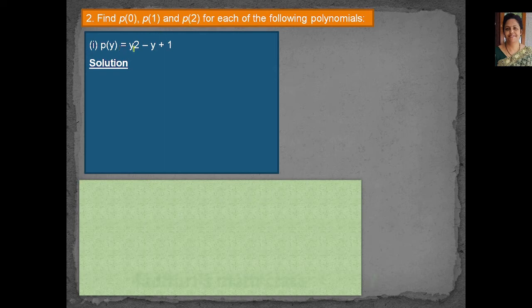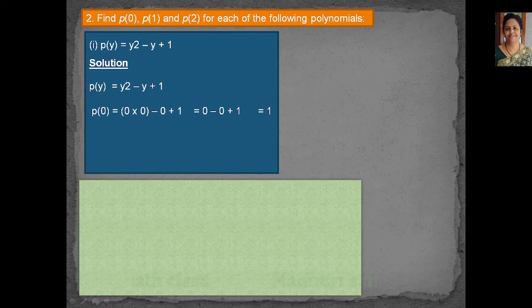P(0) means in all the places in the place of y we will write 0. 0 into 0 minus 0 plus 1. So 0 minus 0 plus 1. That means plus 1 is the answer. P(0) is equal to 1.